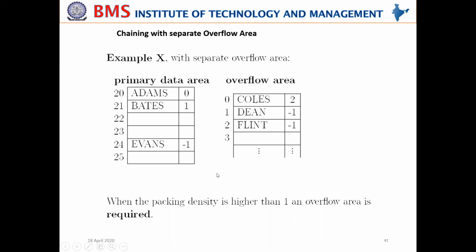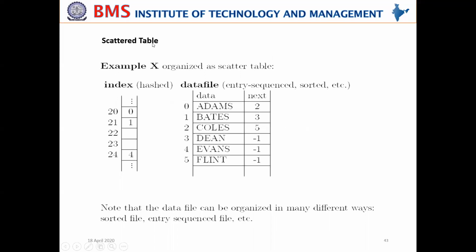Coming to the last one, scattered table. Instead of the last example, where you had a separate overflow area and a separate primary area, here you will have an index file and a data file. Whenever you are storing at the 20th address, where exactly should you go? You should go to the 0th area. And Coles was also generating this. Wherever the spaces are, you'll have a link.